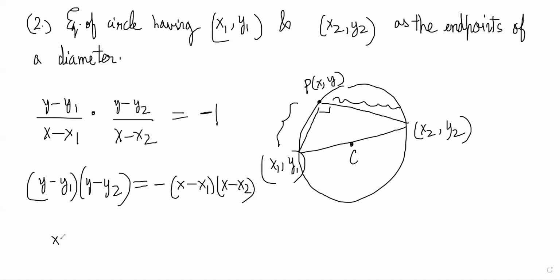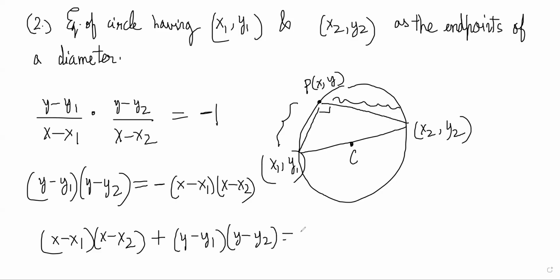And finally, the equation of the circle becomes (x minus x1)(x minus x2) plus (y minus y1)(y minus y2) equals 0. So this becomes the equation of a circle having x1, y1 and x2, y2 as the endpoints of its diameter, right?